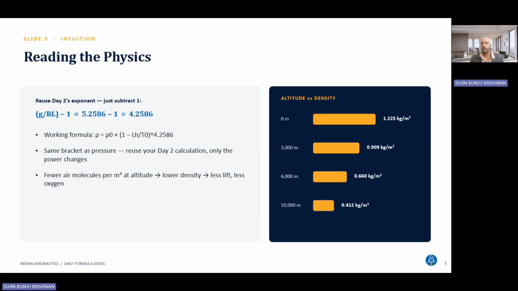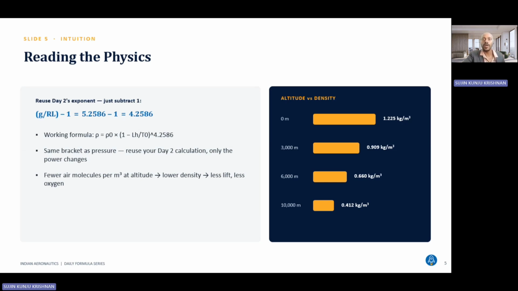Fewer molecules per cubic meter means lower density, which means less air for your wings to push against and less oxygen for your engine to burn.